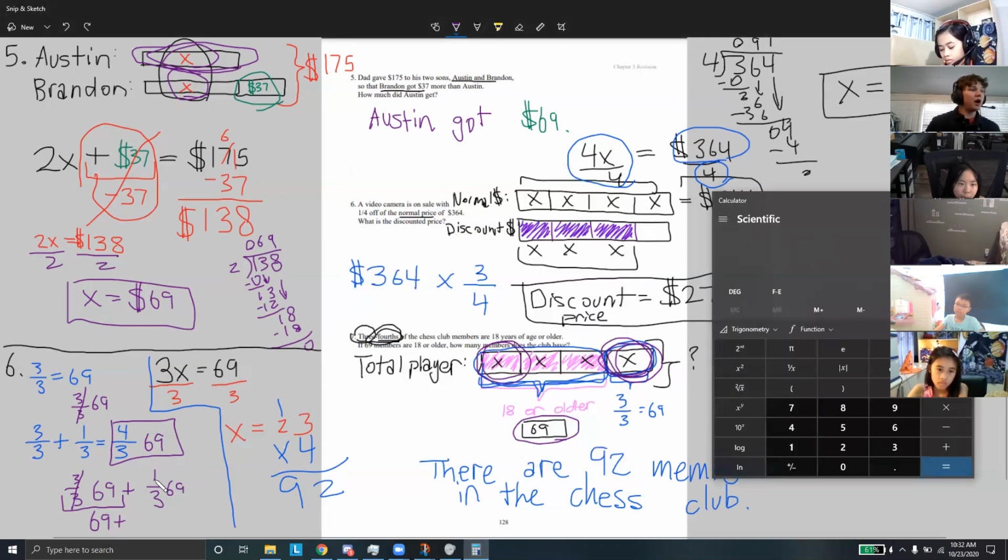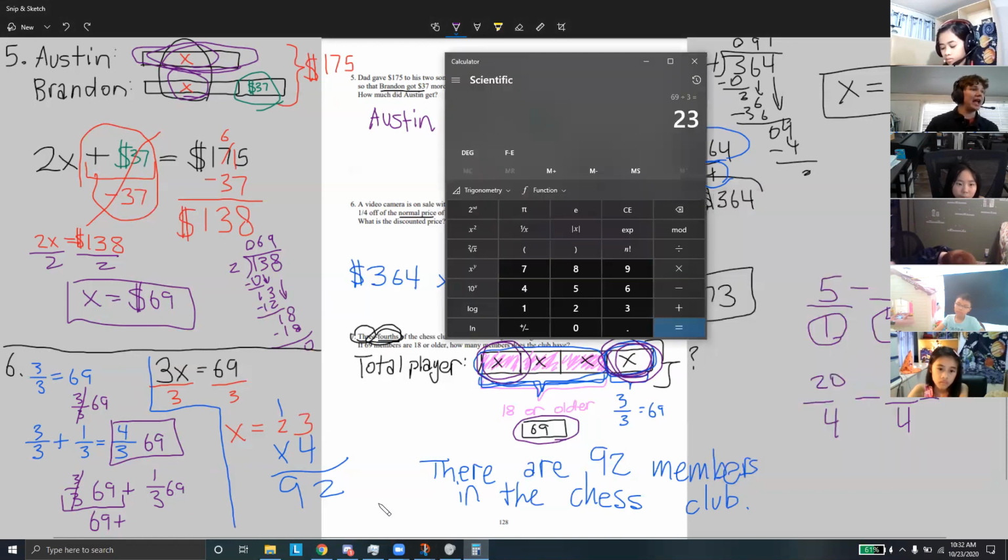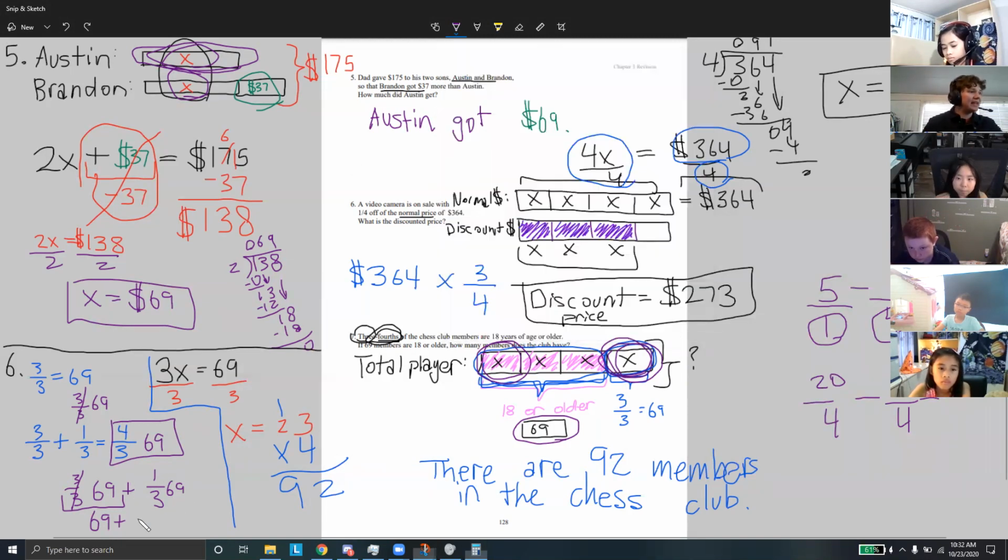So when we do a third of 69, that tells us what x is. Our x is 23, and we did a bunch of math to calculate that. But yeah, so anywho, plus 1/3 of 69 is 23, and that gives us our answer. That adds up to the answer that we got, which is, wherever I wrote it, 92.